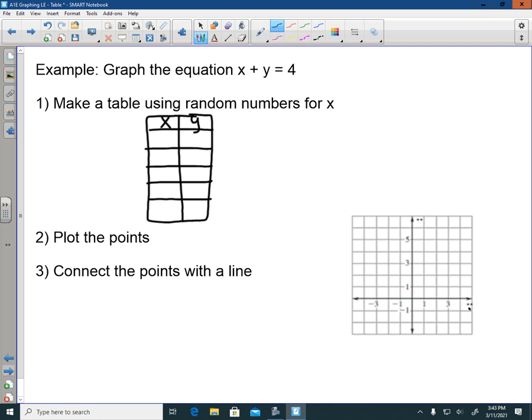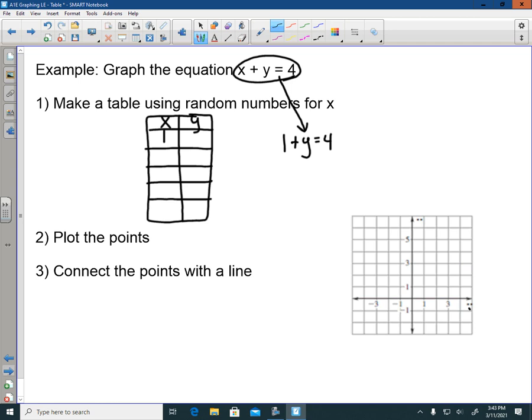So here's how we can use a table to graph this equation. Let's just pick a number, any number for x. And you literally can do this. You can just pick any number at all. So let's pick the number 1 for x. What we're then going to do is take this equation and drop 1 in for x: 1 plus y equals 4.